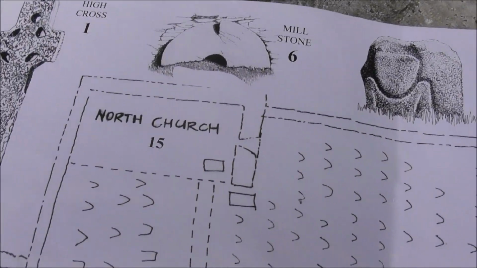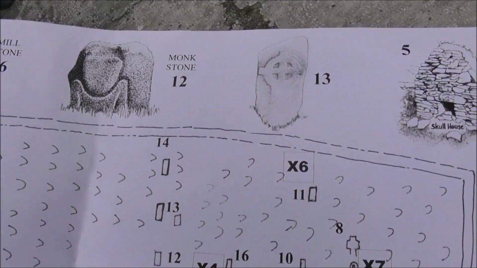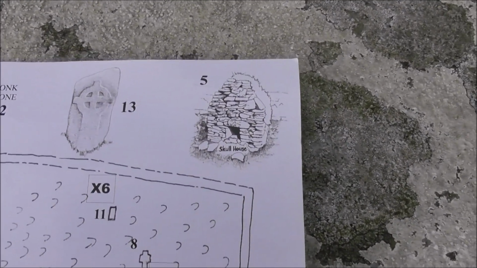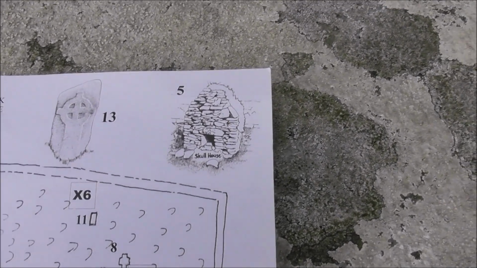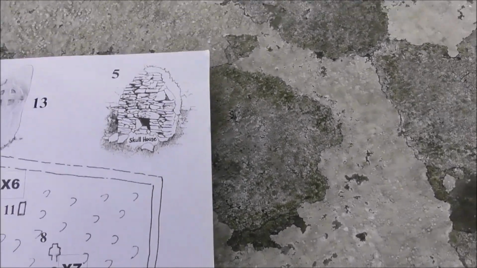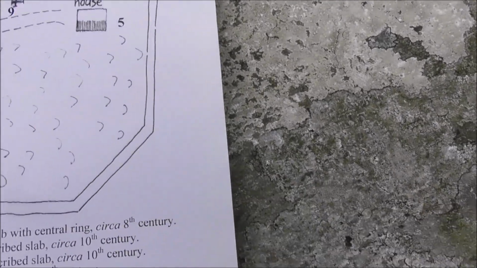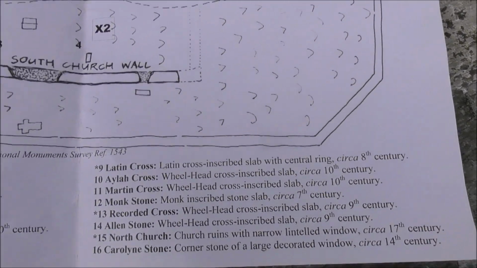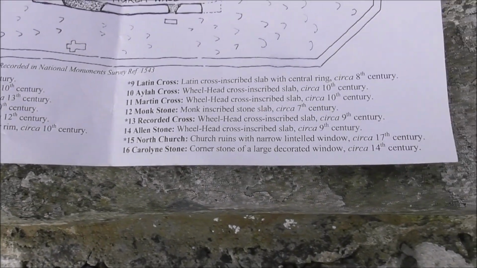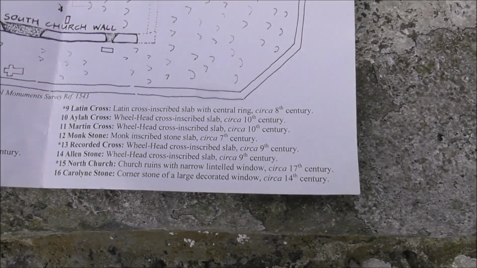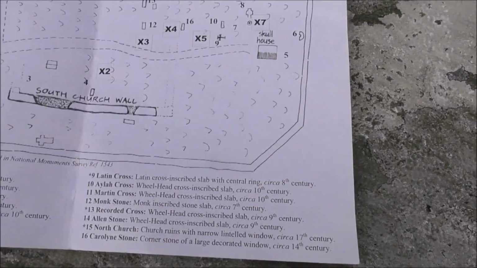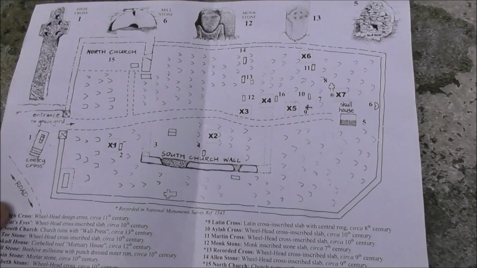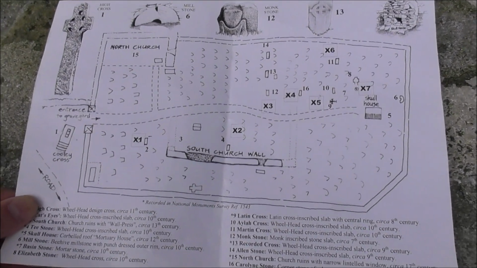We saw the High Cross, we saw the millstone. Couldn't find the monk's stone or the recorded cross. In fact, we did search. Couldn't find the cat's eyes or the Elizabeth stone, the wheel head. But there you go. Or the Allen stone. Worth coming to see, folks.